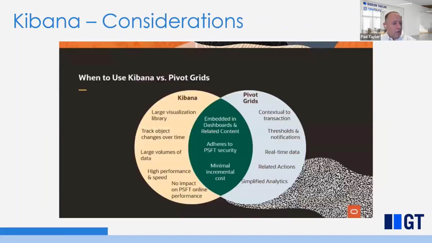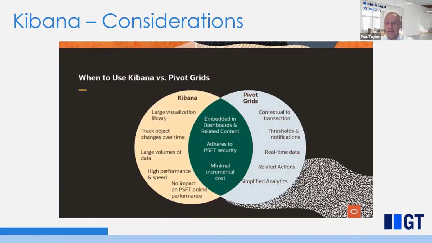Okay, so just a few quick considerations about all of these. How do you pick which tool to use? This is, again, an Oracle slide that shows you some of the overlap between Kibana and pivot grids. And you'll see where Kibana really outshines pivot grids are in having a large visualization library, the ability to track changes over time, handle large volumes.